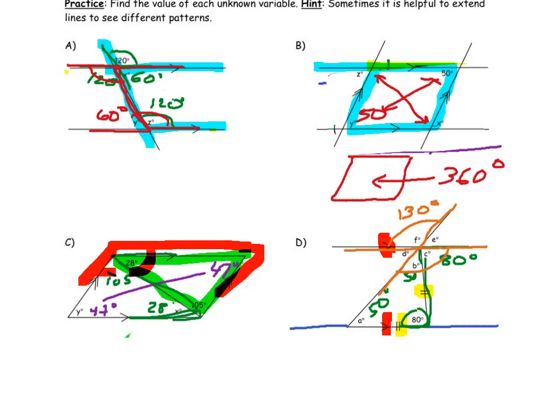Another person might see that if A is 50 down here, then D would have to also be 50 because of the Z pattern. I wouldn't be surprised if somebody else saw that D and E are vertically opposite, and that's 50 degrees. You do a quick check. Oh, look at this.